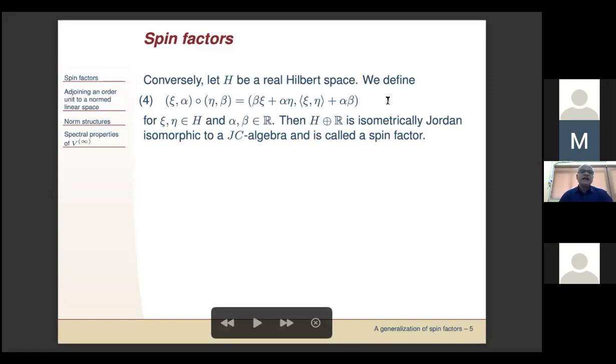Then we notice that this space H plus R becomes a Jordan algebra. I'll come to the norm maybe a little later. This is isometrically Jordan isomorphic to a JC algebra in some suitable C* algebra, and such spaces are known as spin factors.